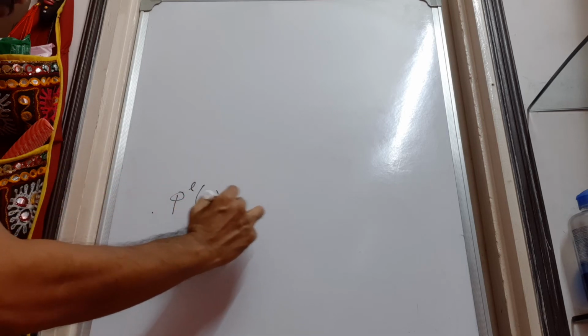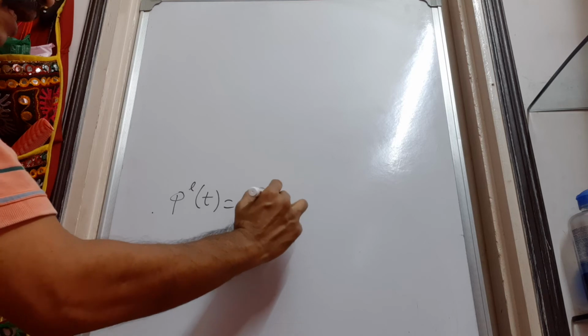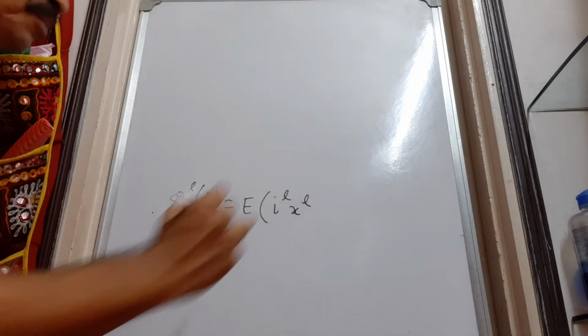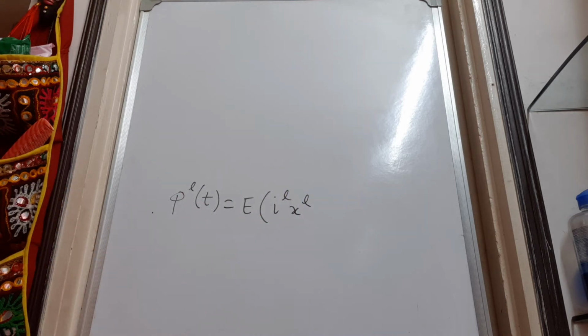Possibly you all know this and will learn it in your probability course. Still, I would like to mention, and we also know that phi L t is the expectation of i to the power L, x to the power L and e to the power i t x.